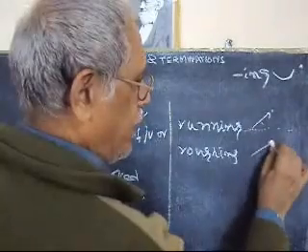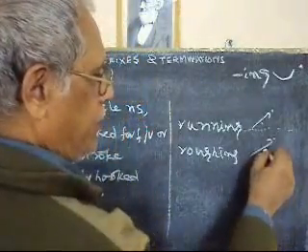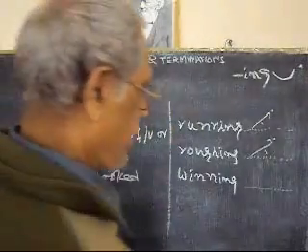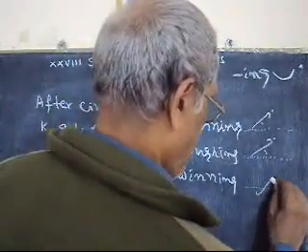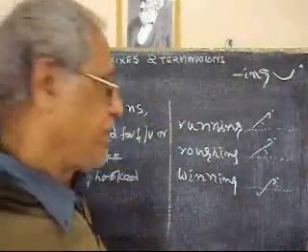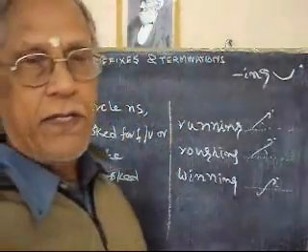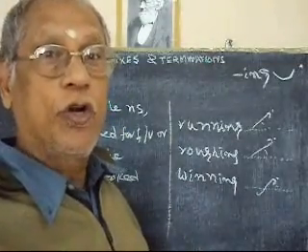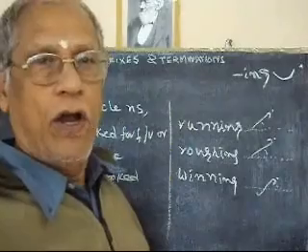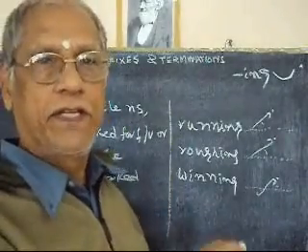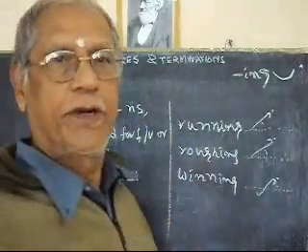Roughing, winning. Like this, after circles, or K or G hooked for F or V, or a straight upstroke finally hooked, you can put dotting.